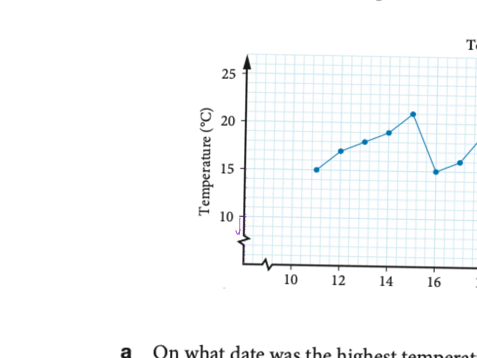So what they've done is put a crinkle in, and the crinkle means that they've chopped out some of this axis. So instead of starting at 1 and going to 10 every 1, they've started at 0 and gone 1, then 2, then the next one will be 8, 9. So they've chopped out 3, 4, 5, 6, 7, and the crinkle means they've chopped something out.